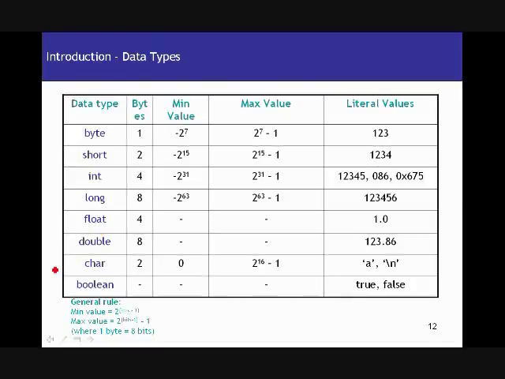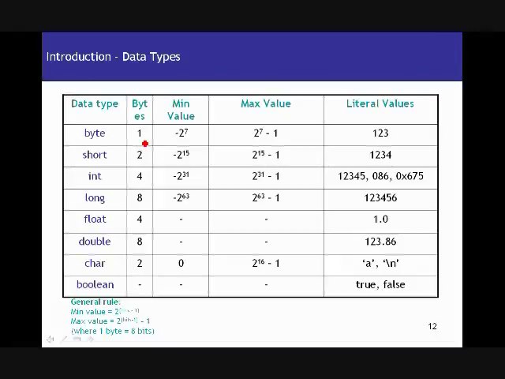So we've got this list of data types which are listed out here, and I've also listed the number of bytes it stores, and the minimum value, maximum value, and the literal values which it can accept. So if you look at the byte data type, it stores 1 byte, right?